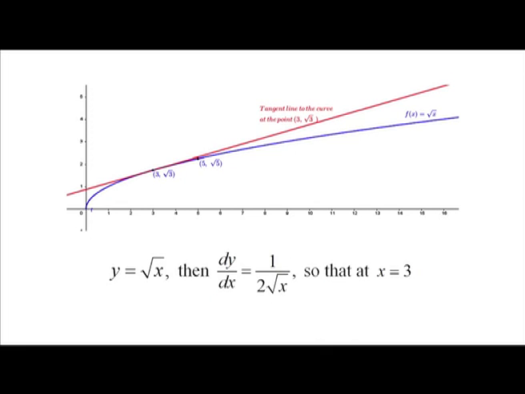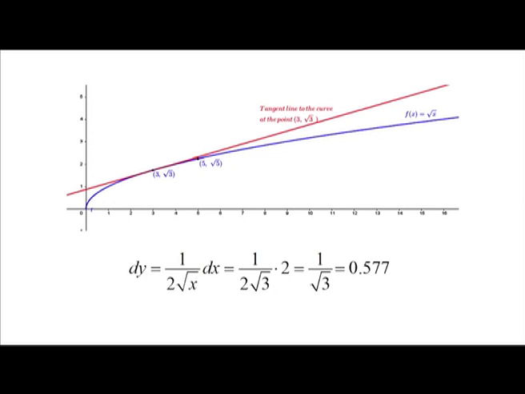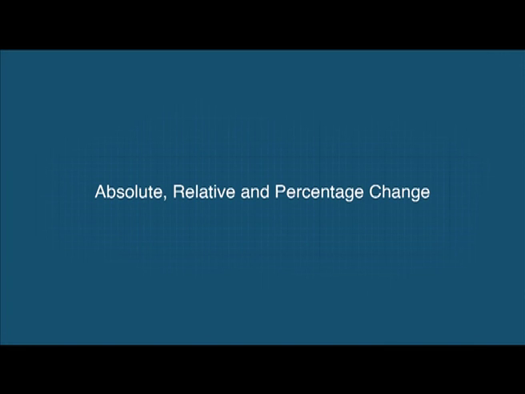If y = √x, then dy/dx = 1/(2√x), so that at x = 3, dy = 1/(2√x) dx = 1/(2√3) × 2 = 1/√3, which is equal to 0.577.